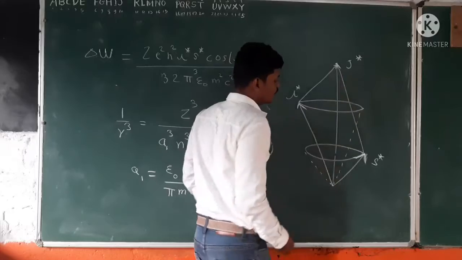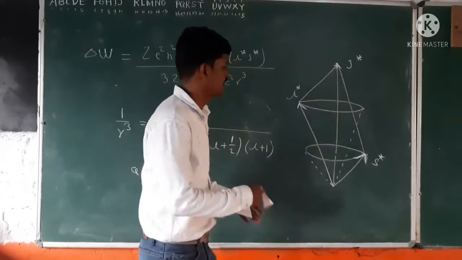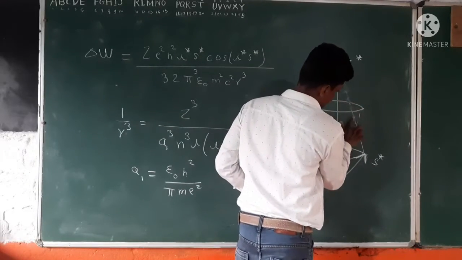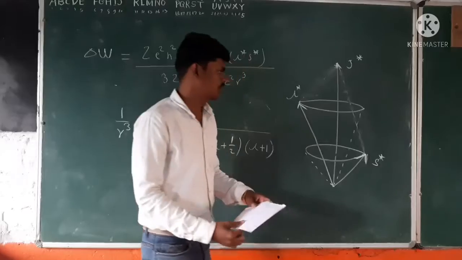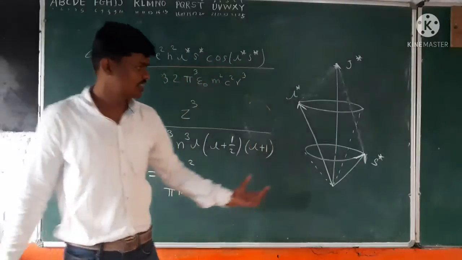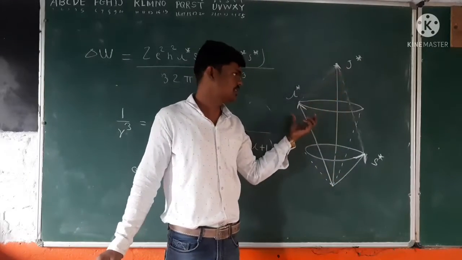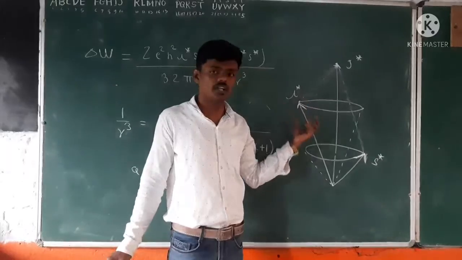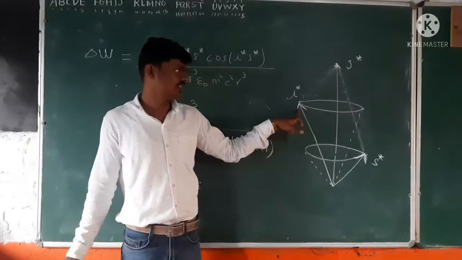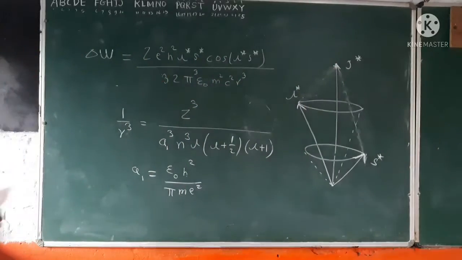This is the resultant. It's just for calculation purposes and makes for good understanding. So this is the spin angular momentum vector precessing around the resultant J star, and this is the orbital angular momentum vector of an electron. We are using the vector model, so we are representing it with a vector.